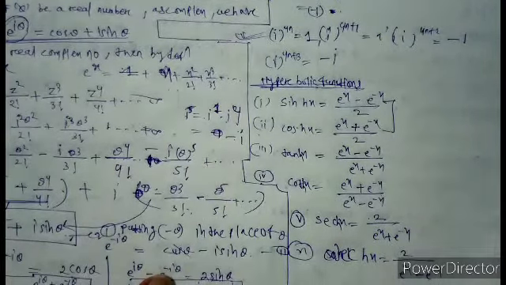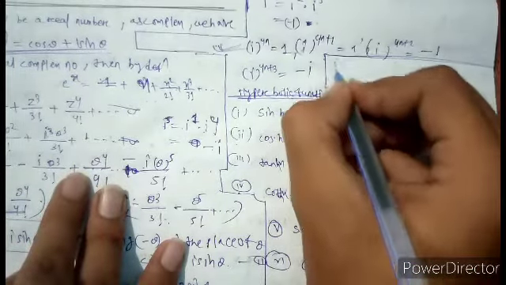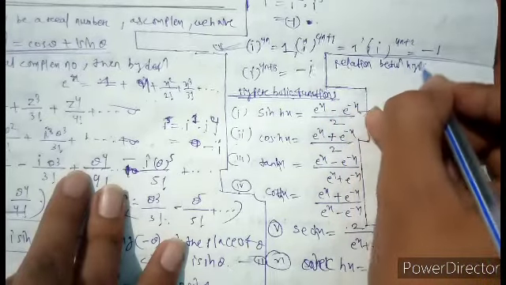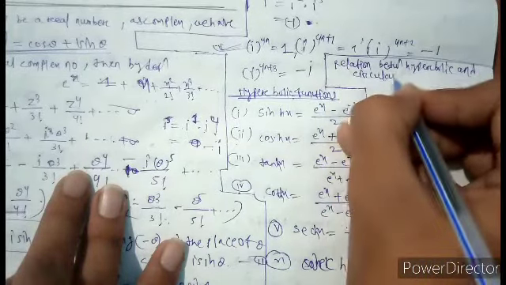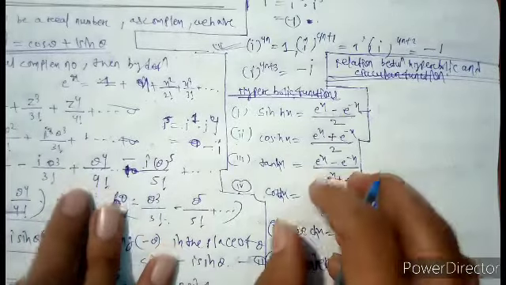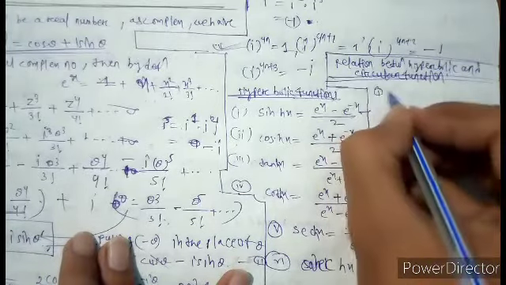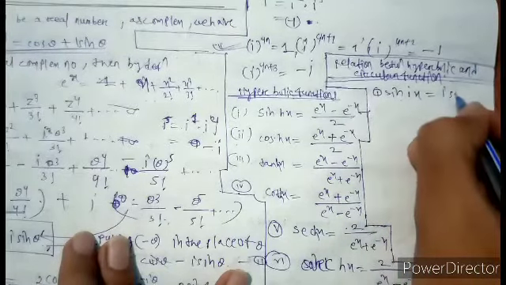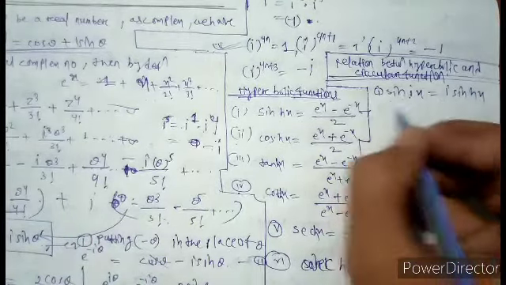Then we come to the relation between hyperbolic and circular functions. This is the relation between hyperbolic function and circular function. The first one is sin ix, that is circular, equal to i sinh x.